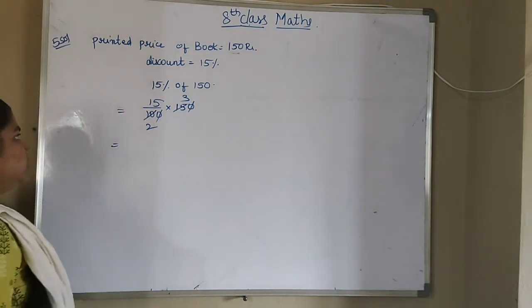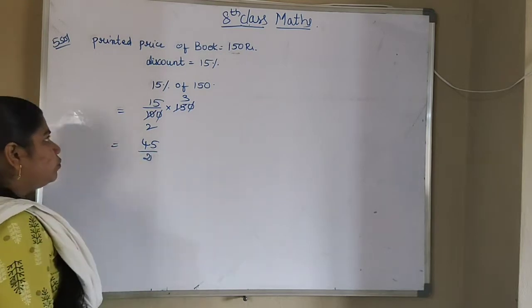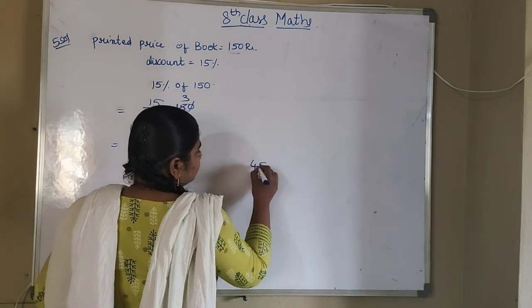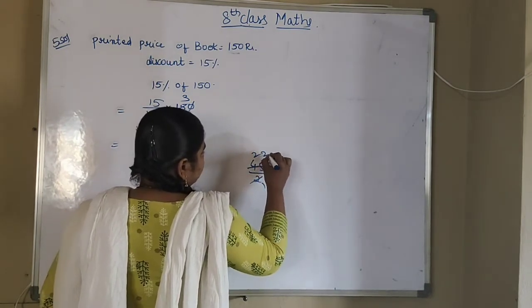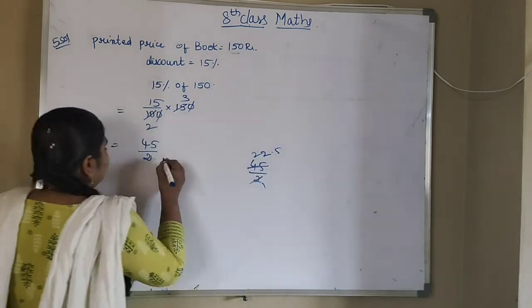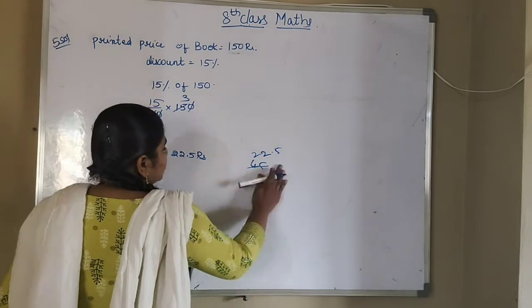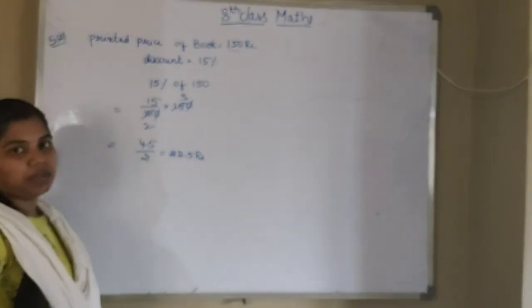So 15 3s are 45. 45 by 2, divide this value. 2 1s are 2, 2 2s are 4, 2 2s are 4.5. That will be 22.5 rupees. So how much discount are they giving? That is 22.5 rupees they are giving as discount.